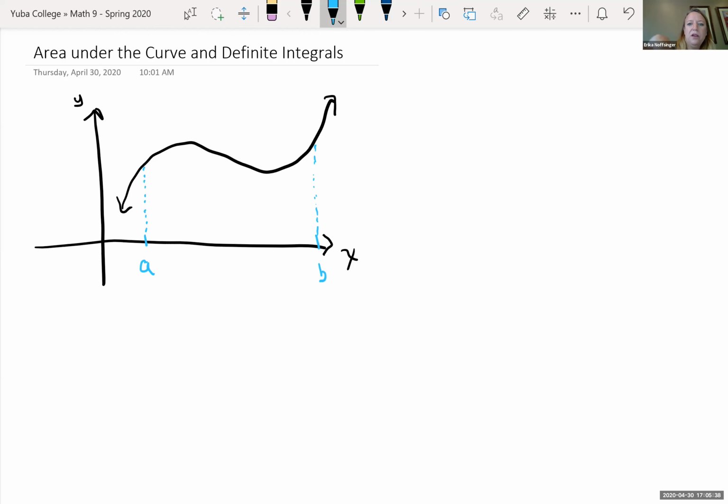So what we're going to do is break this up into rectangles. There are 3 different ways that we can break this up. We can make the height the left-hand value of your function. So for instance, if I put a point here, let's say I want to break this up into 4 rectangles.